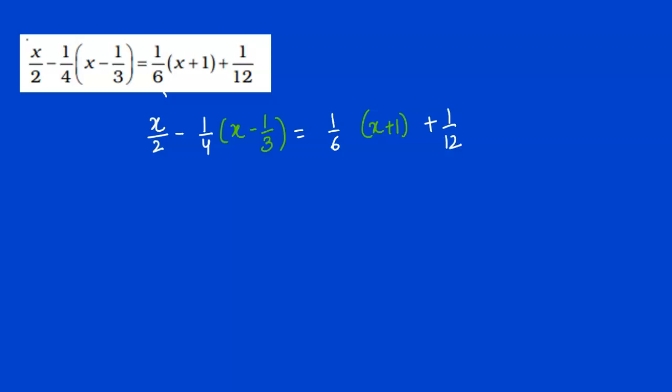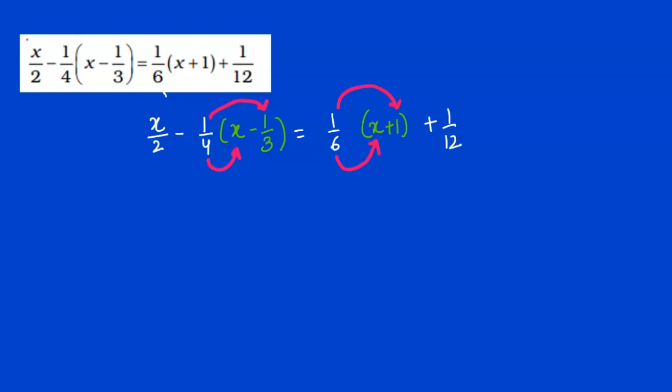So let's try to see how we can multiply it by the things inside the bracket. 1 by 4 will be distributed to x as well as 1 by 3. That means it will be multiplied by both the terms. Here also 1 by 6 will be multiplied by x as well as 1.